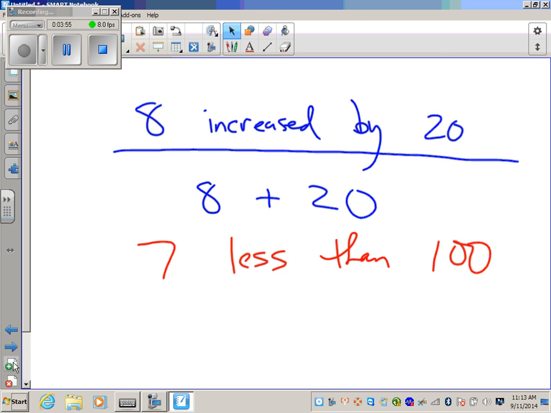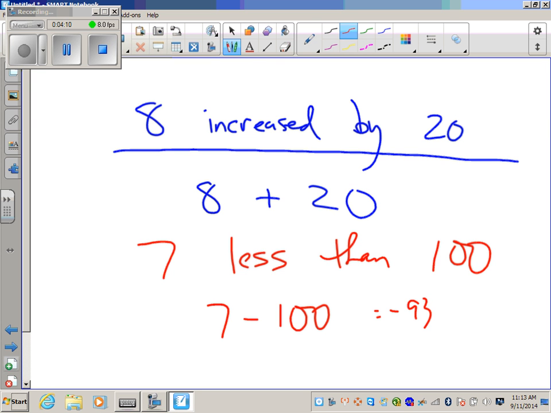If we take a closer look, what would this be as a final answer? If I went through and did the work here, what would this be? It would be negative 93. Is negative 93 just 7 less than 100? No. Something needs to get fixed.